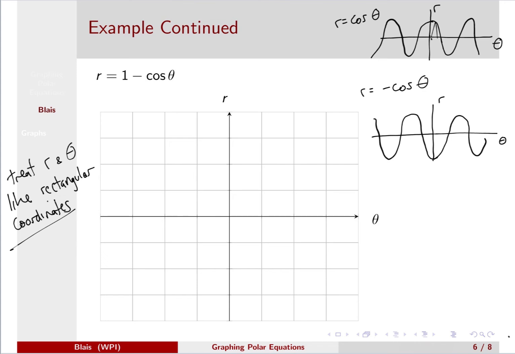So if we shift this up by 1, we know cosine has a range of negative 1 to 1. So if we add 1, it will have a range of 0 to 2.